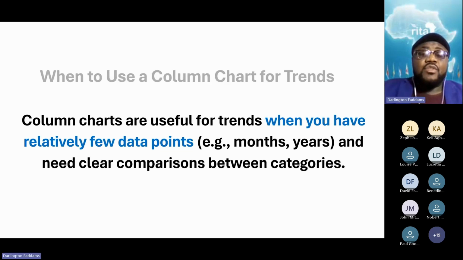When it comes to years, you may be checking just between 5 years, and so it's okay to use it. And it also needs clear comparison between the categories. So column charts are useful for trends when you have relatively few data points and need clear comparison. So it is very good to visualize this.